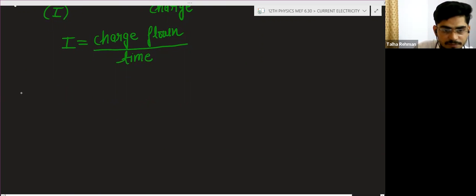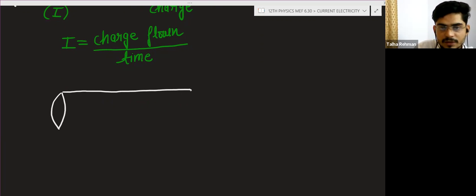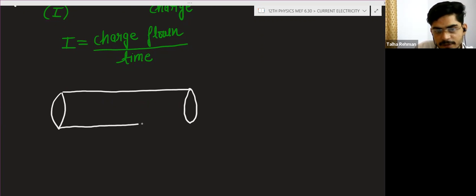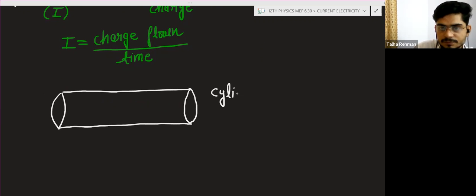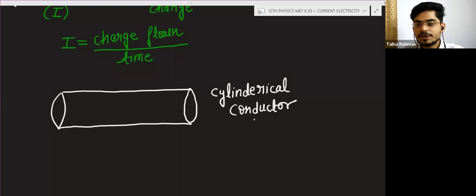For this, I am taking a cylindrical conductor, because a conductor has the ability to pass the current. We will discuss this in detail.